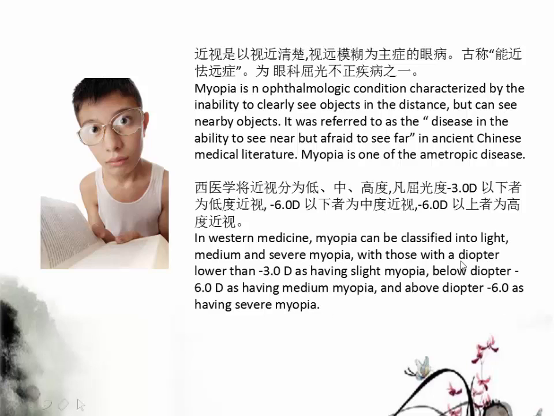let's review the clinical definition here. Clinical definition is that myopia can be defined as those with lower than -3 diopter, and above -6, as having, below -3, below -6.